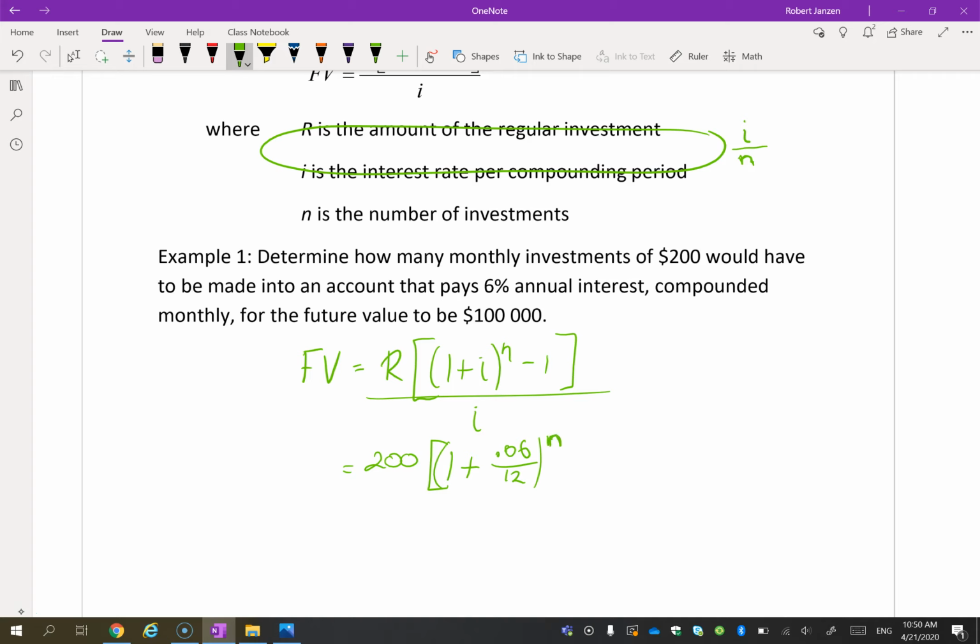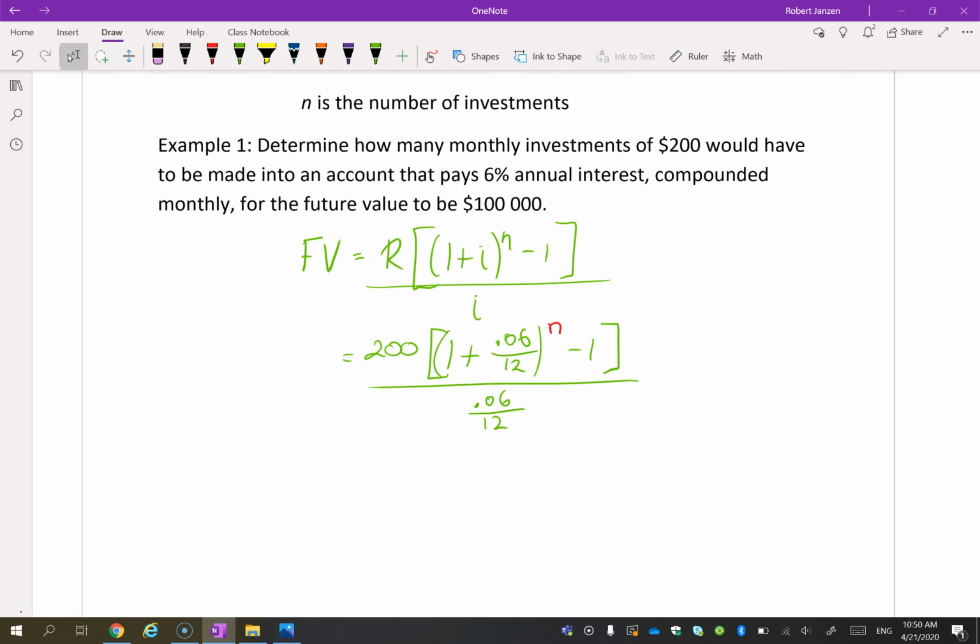This is what we're going to find in this case. That's going to be the unknown, because it says how many investments do you have to make. Minus 1. And I, again, is 0.06 divided by 12. And we want this to be $100,000. What a great question. So this is saying if I put in $200 a month, how long will it take me to get $100,000?